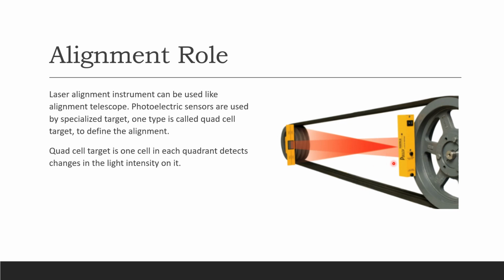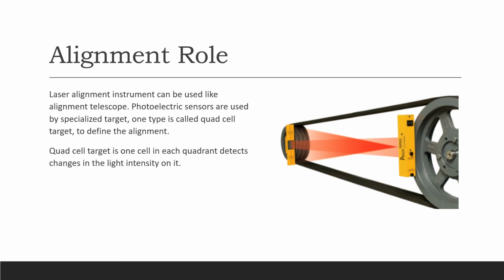We use photoelectric sensors in this instrument, with a specialized target. One type is called the quad cell target, used to define the alignment. The quad cell target has one cell in each quadrant, which is why it gets the name quad, and it detects changes in light intensity on it.